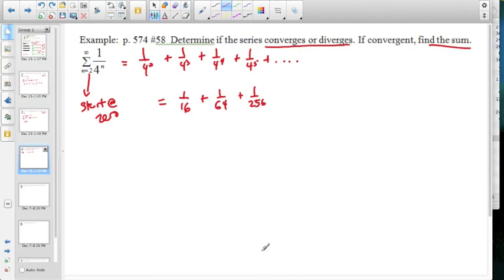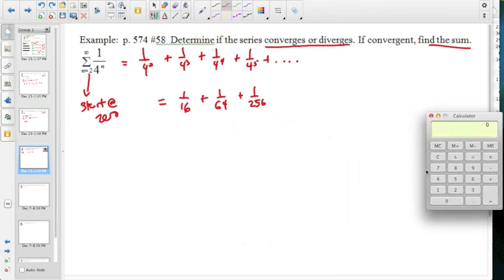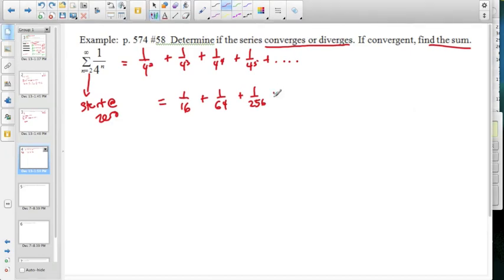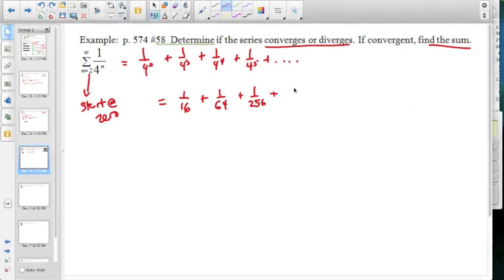Let me just check that real quickly with a calculator. 64 times 4. Yep, 256. And this last term here is 256 times 4. It's 1024. So 1 over 1024. Okay, so there are the first 4 terms of the sequence.